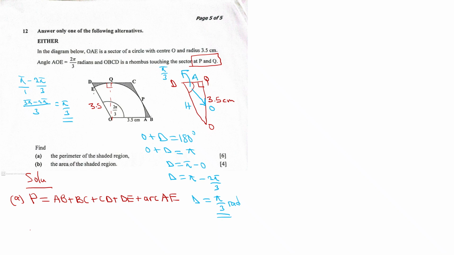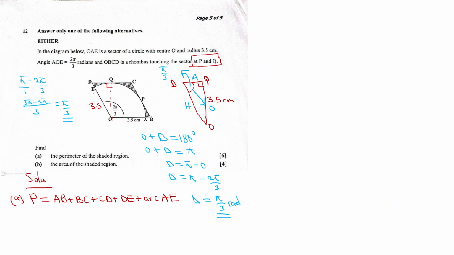We are getting these from SOHCAHTOA. In a right angle triangle you have the opposite, the hypotenuse, and the adjacent side.